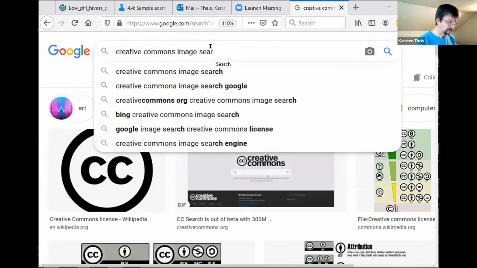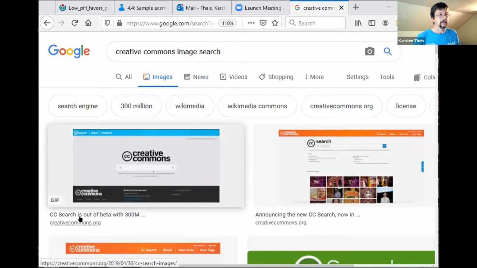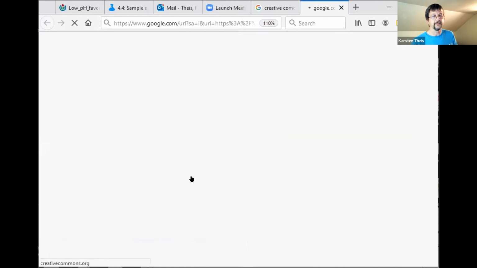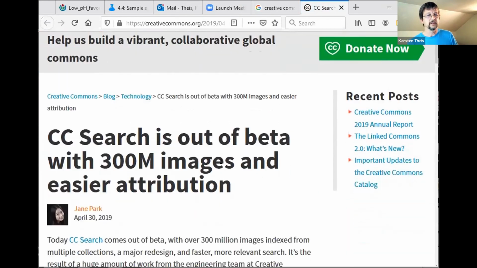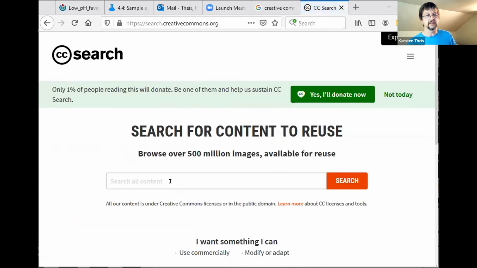And I forgot what the URL is, so I'm hoping I can just find it like this. CC Search, it's called. And I found that it's especially good just for photos. So we can see if we can still find orbital overlap.